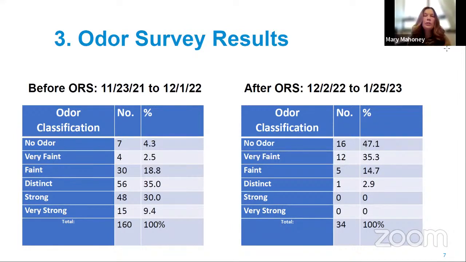Distinct? So that's a conversation that we have internally on somewhat of a case-by-case basis, but in general, the distinct level has previously indicated the presence of nuisance odors. We are doing surveys where we're looking at a few different locations each time we do an odor survey.